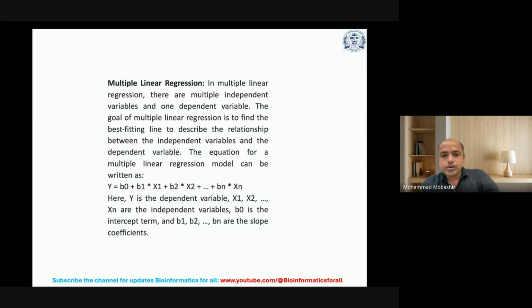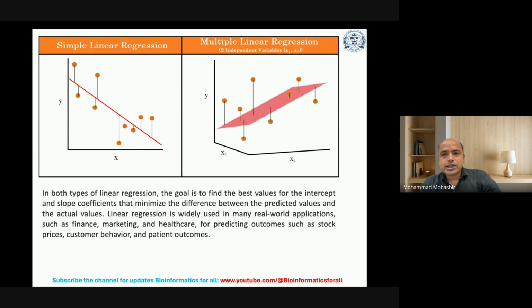Okay. So now in simple linear regression, you can see how the line looks, and in multiple linear regression also. In multiple linear regression, there are two independent variables, x1 and x2.